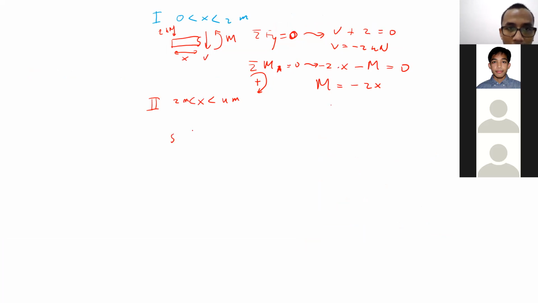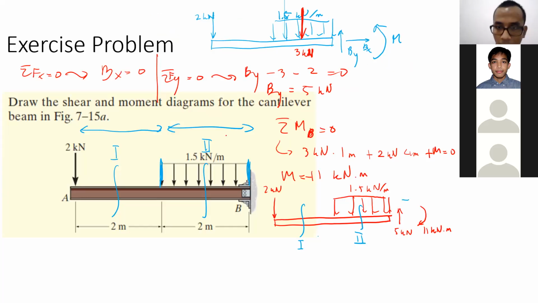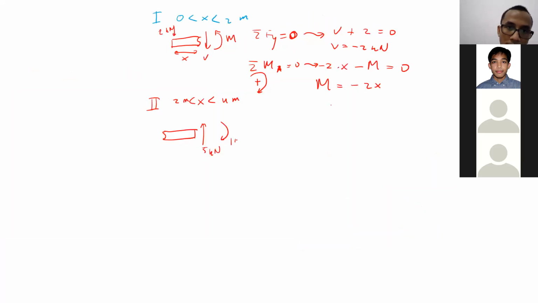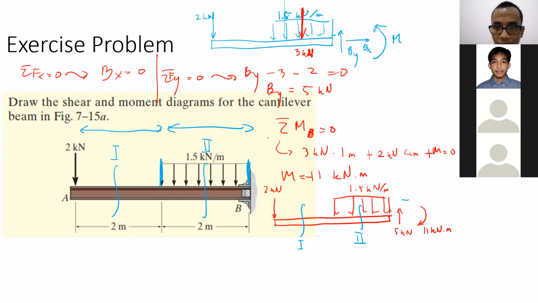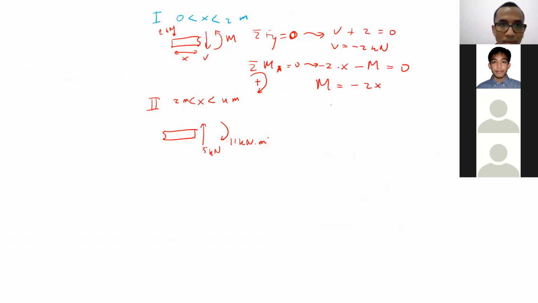So what we have is like this. 5 kilonewtons upwards, clockwise moment 11 kilonewton meter, and distributed force 1.5 kilonewton per meter.